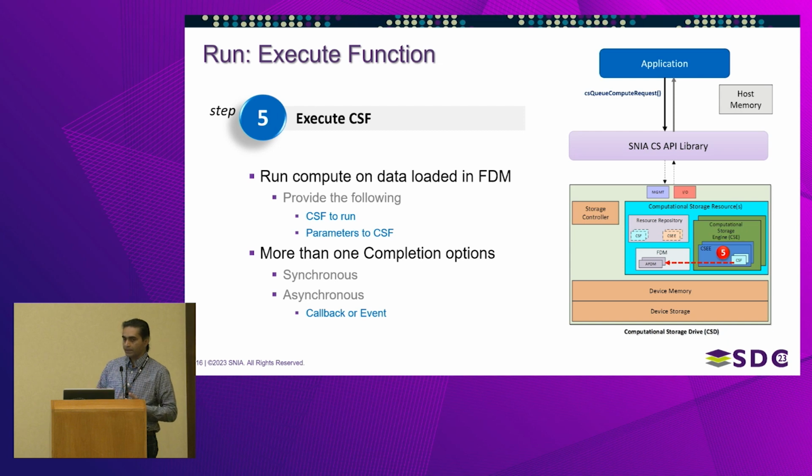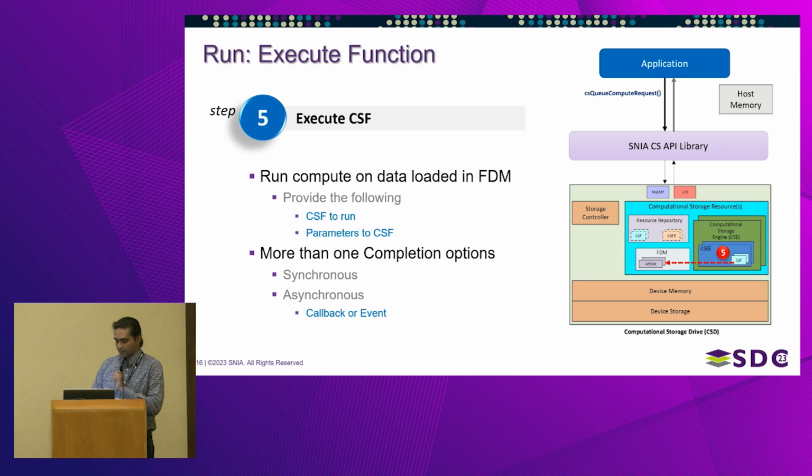Depending on what function you're running on the device, they may come with their own types of parameters, the input and output parameters that are needed for it. So you would provide that to the CSF that is going to be executed. And again, each of these APIs that are used in run have their own completion options, like I touched on earlier. That is, you can run them in synchronous or asynchronous mode.